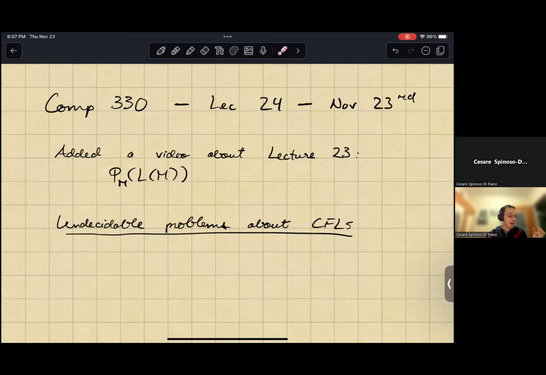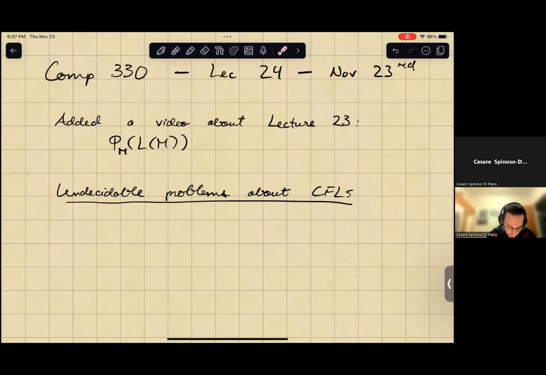So when I say an undecidable or decidable problem about CFLs, it's a decision problem about a CFL, but parameterized in all of our cases through a grammar. So what are some decision problems about context-free languages? Recall the following two decision problems.